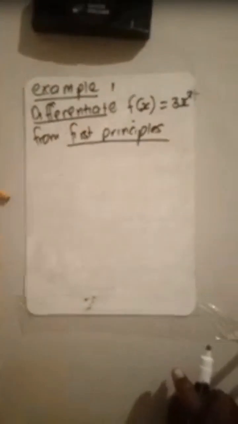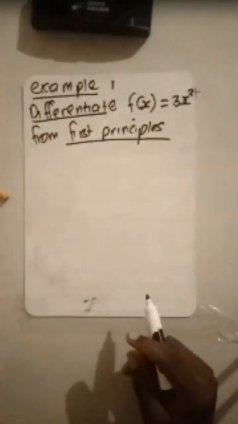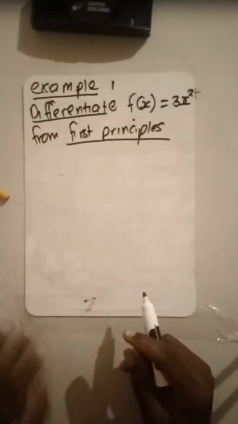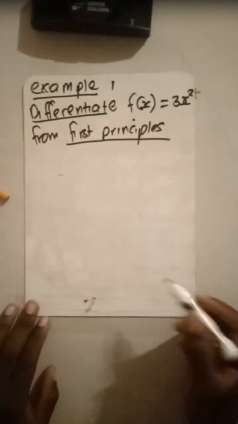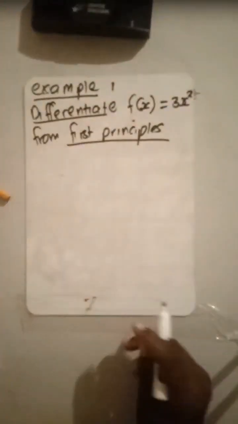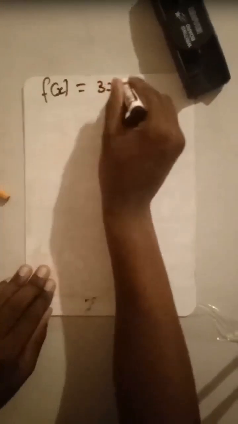Remember that earlier I indicated that we are going to look at differentiation from first principles, and we are also going to look at differentiation using the rules. So you should be careful when you see a question. What is it saying? This one is saying differentiate from first principles. Right. So I am going to wrap that since my board is very small. So I am just going to write the question there so that at least I can fit my calculation. So it's f of x is equal to 3x squared.